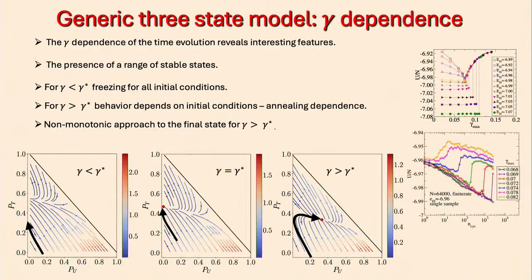And this is behavior that I find when I have yielding in the system for large enough strain amplitudes, and I can look at what happens with respect to the strain amplitude, how the flow of states changes, and this non-monotonic dependence is capturing what we see in simulations in a much more complicated setting.